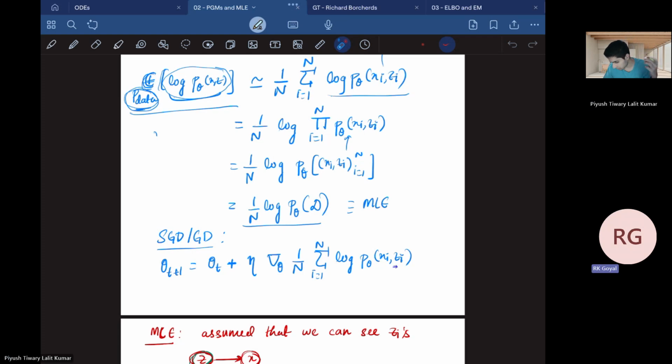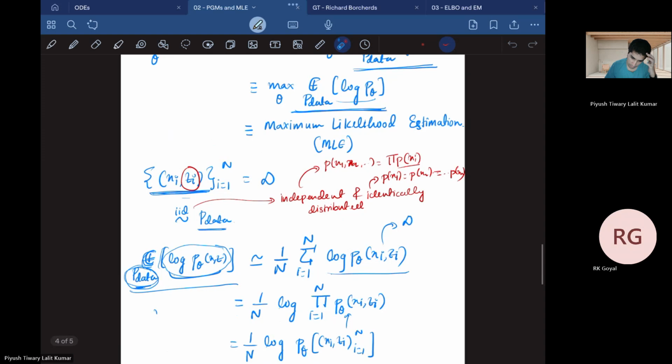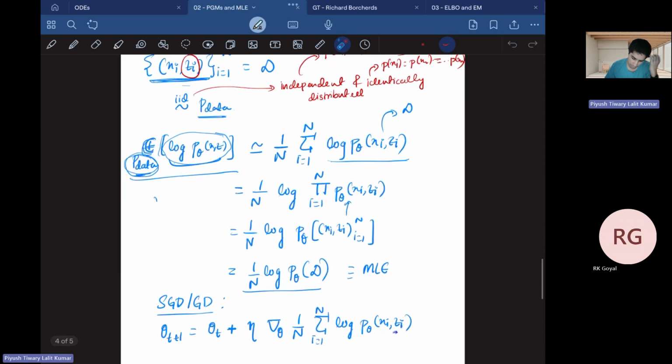Yeah, so I was having a query here: which term is called the likelihood, and how does it differ from the traditional probability? This term likelihood basically comes from Bayes rule.